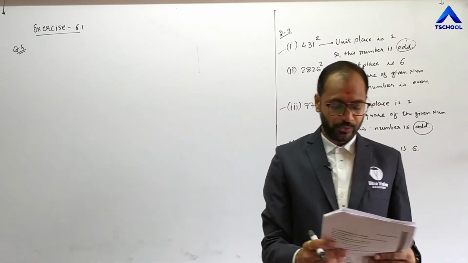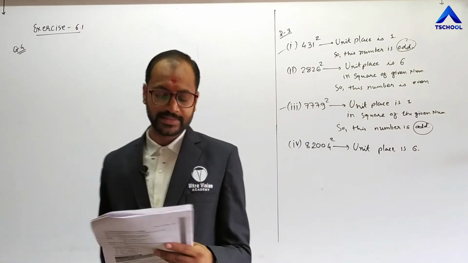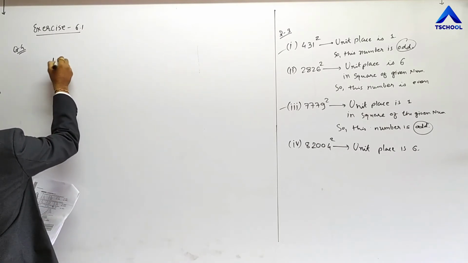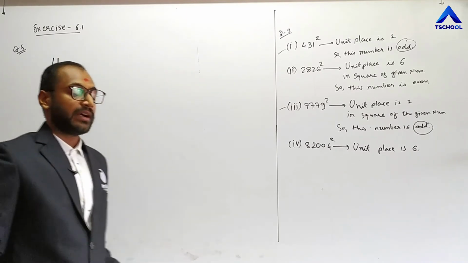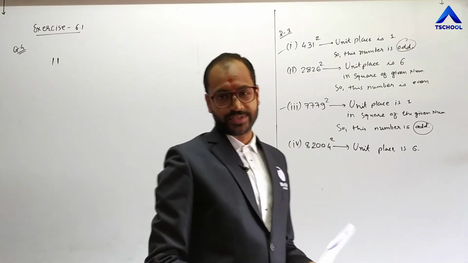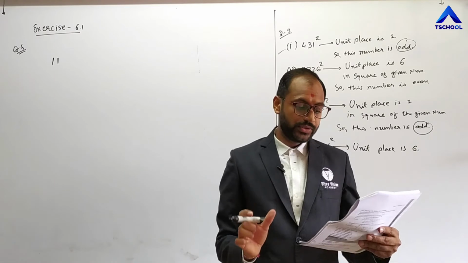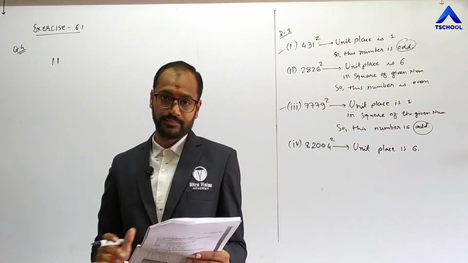Question number 4: observe the following pattern and find the missing digits. Now here, first let me understand what the pattern is. There is no blank directly. First you should understand the pattern.